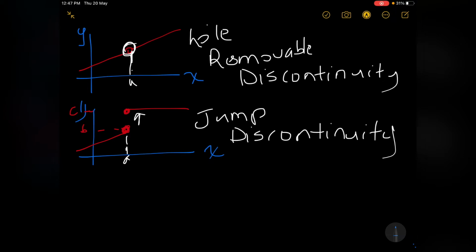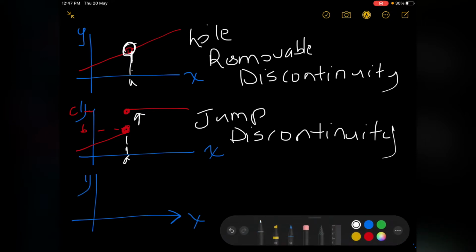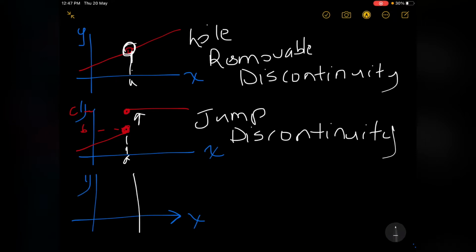For another type, if I have a function like this, again my x-axis, my y-axis, this time I have a vertical asymptote. This vertical asymptote could also be the y-axis. So this white line is my vertical asymptote.